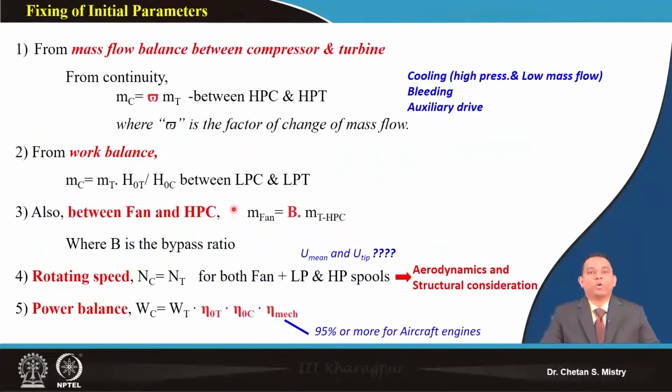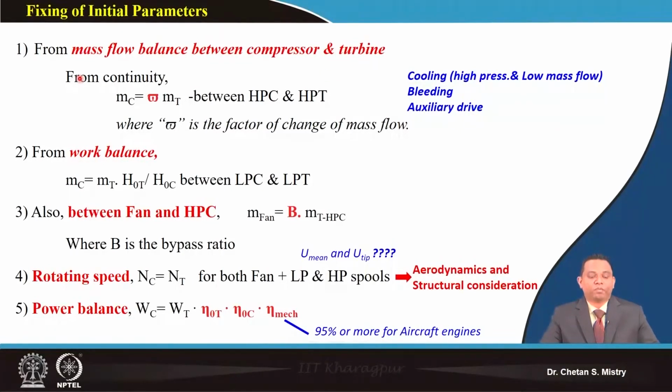Now, when we realize what we are talking about with the mass flow rate, the very next step is the fixing of our initial parameters. The very first parameter is that we need to have a balance of mass flow rate for compressors and turbines.